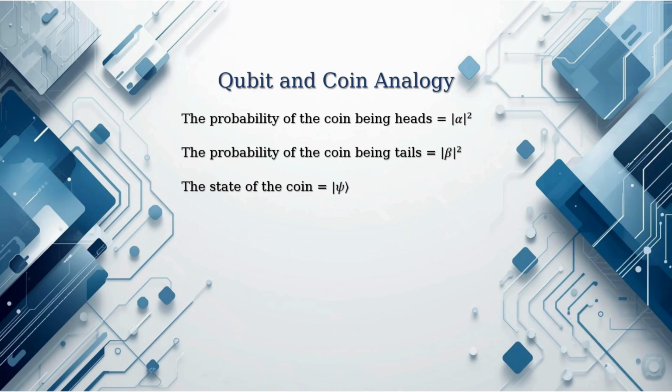At this point, if we specify heads with the state |0⟩ and specify tails with the state |1⟩, then the state of the coin ψ can be specified as α|0⟩ + β|1⟩. When the coin is spinning, it is in the state ψ.